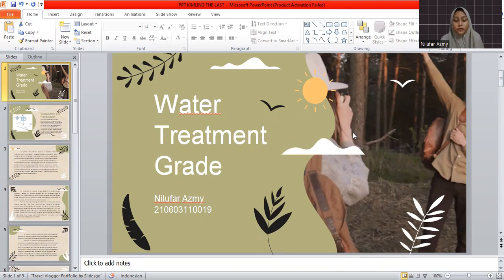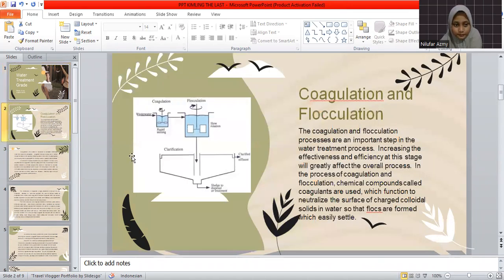Now I will talk about my summary. Water treatment grade. Coagulation and flocculation. The coagulation and flocculation process are an important step in the water treatment process.